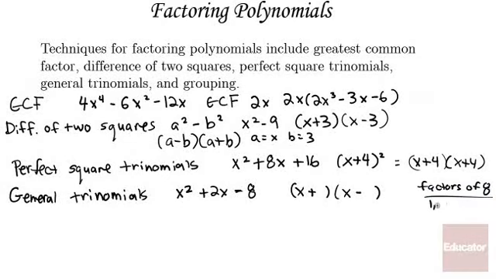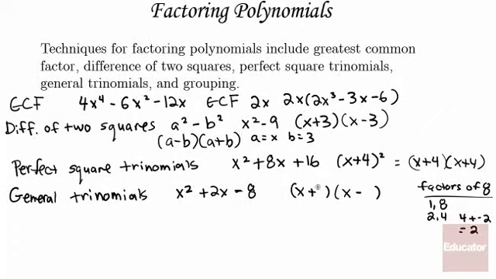I've got 1 and 8, and 2 and 4. I want to find factors of 8 that, when one is positive and one is negative, sum up to 2. I can see that 1 and 8 are too far apart; they're never going to give me 2. 2 and 4 are perfect. If I make the 4 positive and the 2 negative, I'm going to get 2, which is the coefficient for my middle term.